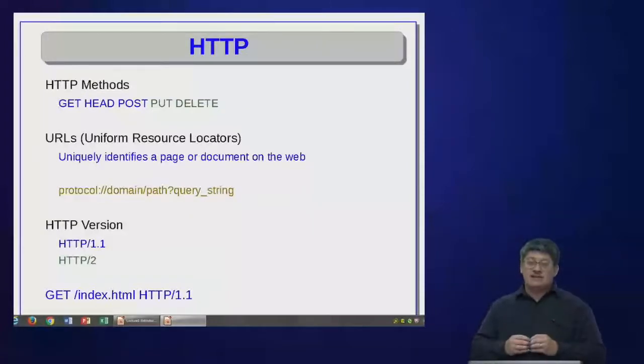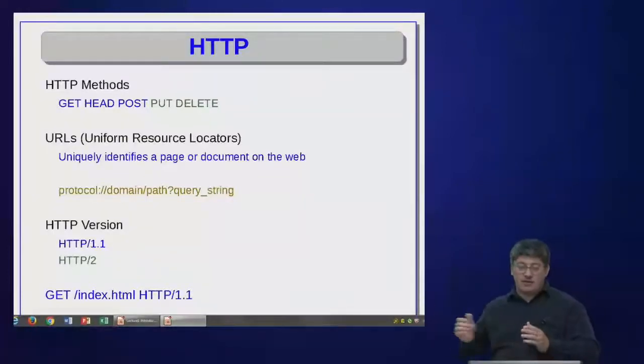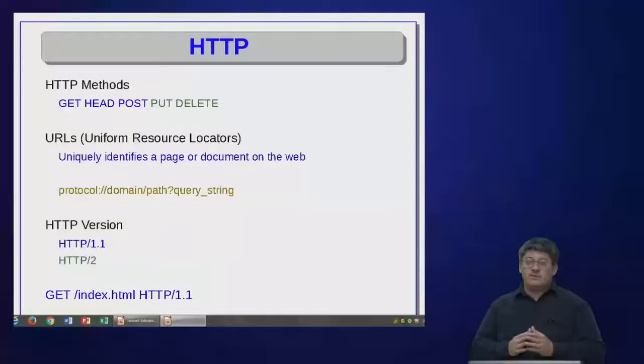And the path identifies the file on that server to fetch. Of course, a server may have many files, and those files might be organized into folders or directories. So we can actually specify several folder names separated by slashes as part of the path. Following the path, we can optionally put a question mark and a query string. That's used to specify things like keywords for searches.